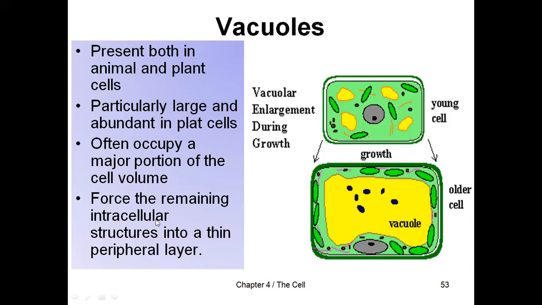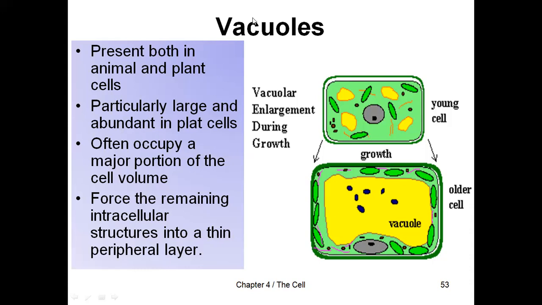Extracellular means the structures present outside the cell. So the plant vacuole forces all the intracellular structures to the peripheries into a very thin lining. This is the peripheral position.